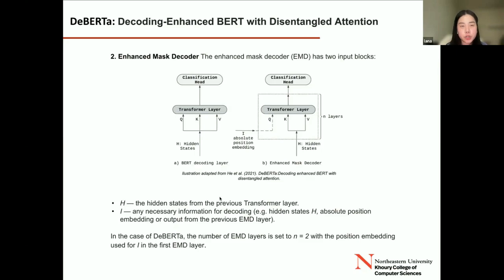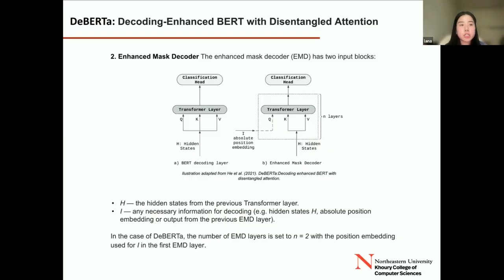The enhanced mask decoder, or EMD, has two input blocks. H is the hidden states from the previous transformer layer, and I is any necessary information for decoding hidden state H: absolute position embedding, or output from the previous EMD layer. In general, there could be multiple EMD blocks inside a model.